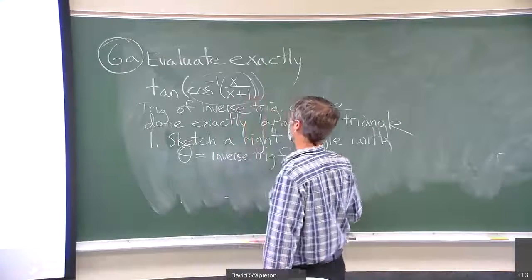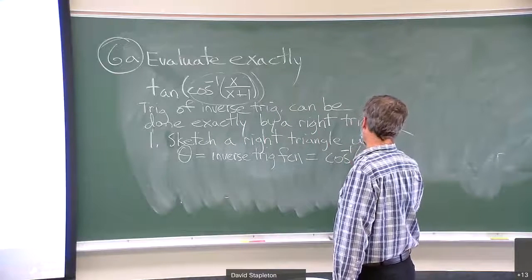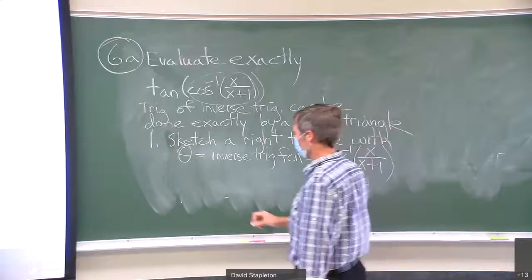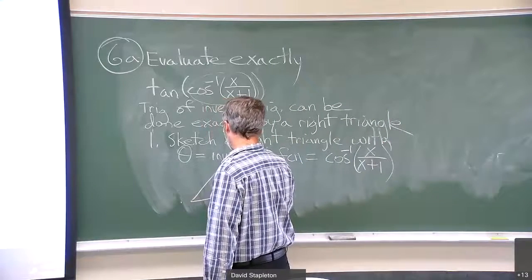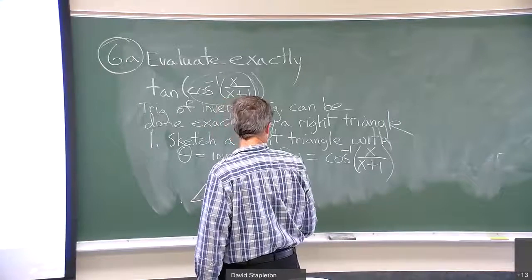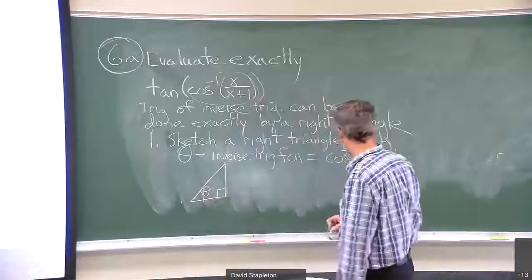In this case, it's arc cosine of x over x plus 1. So I'll do that for step 1. It doesn't have to have the right length, just put the right size on there. So here's a right triangle. I'll put theta in this corner. It doesn't matter which corner.